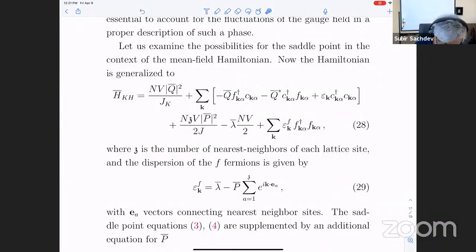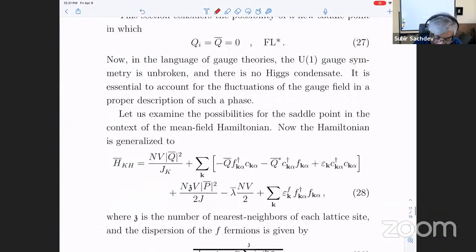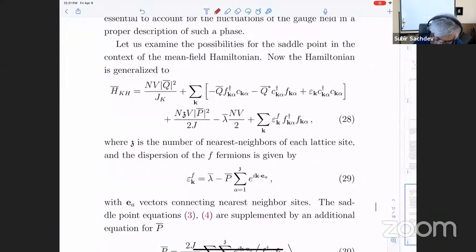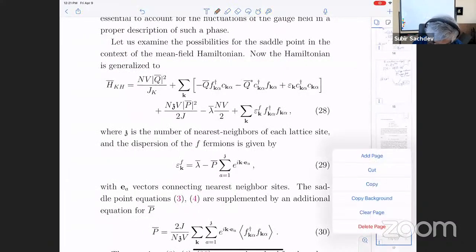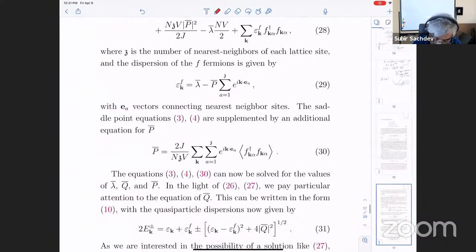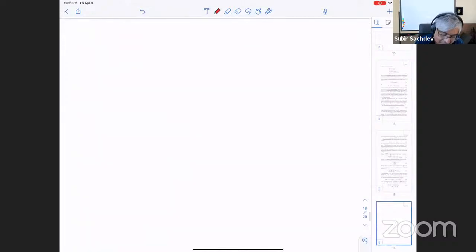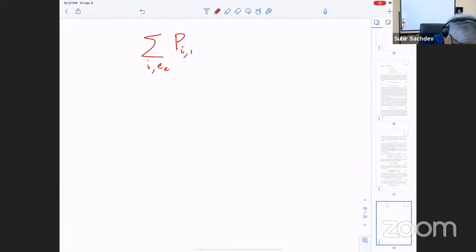And where does that come from? Well, you had a term, let me rewrite the term a little differently. You'll get a sum over i and a sum over vectors to the nearest neighbors. So you will get some terms like P_{i+e}.